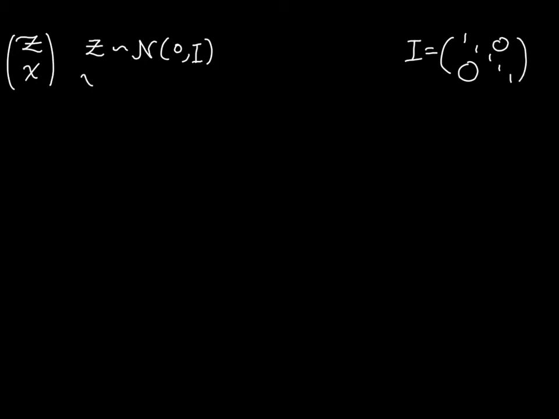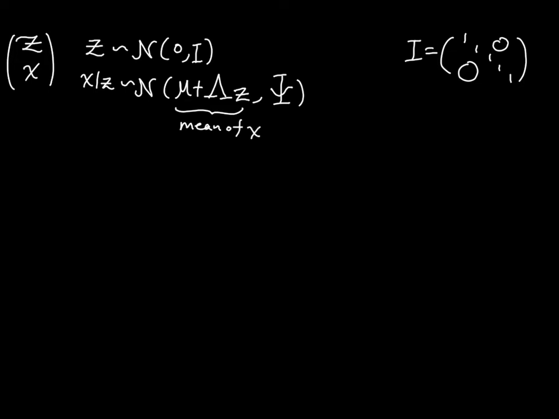And x given z is normal with mean mu plus lambda z and covariance psi. So this is the mean of x and this is the covariance of x.